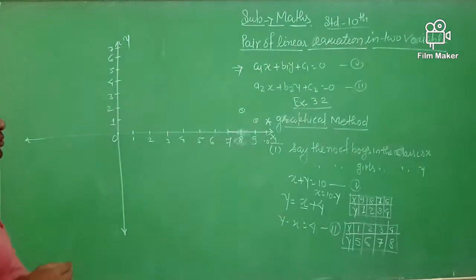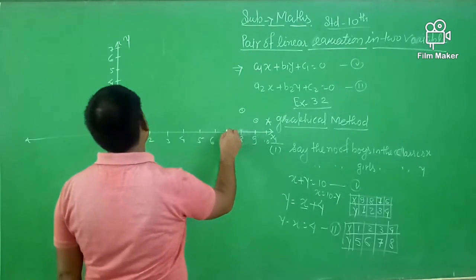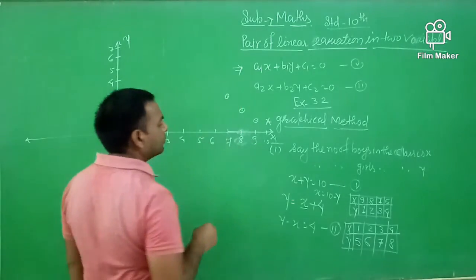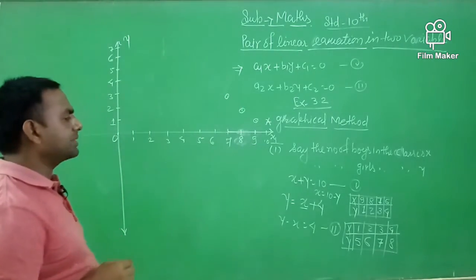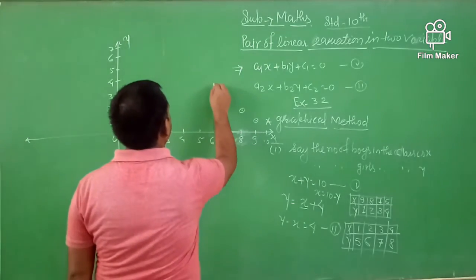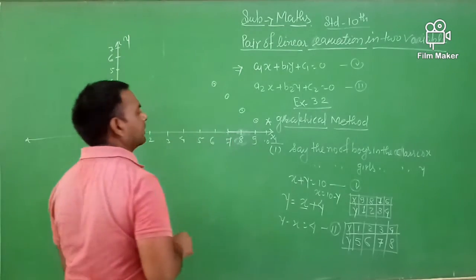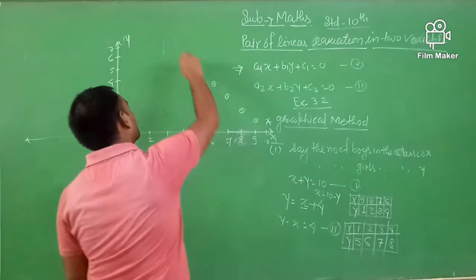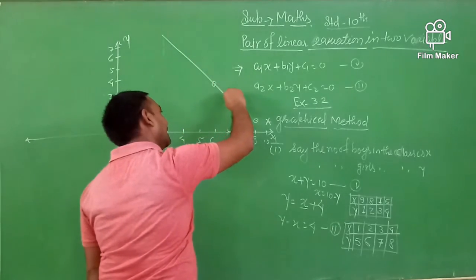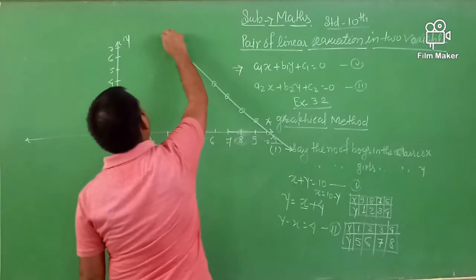If x is equal to 7, then y is equal to 3. Fourth, if x is equal to 6, then y is equal to 4. So I draw a line taking these points. This is the line.